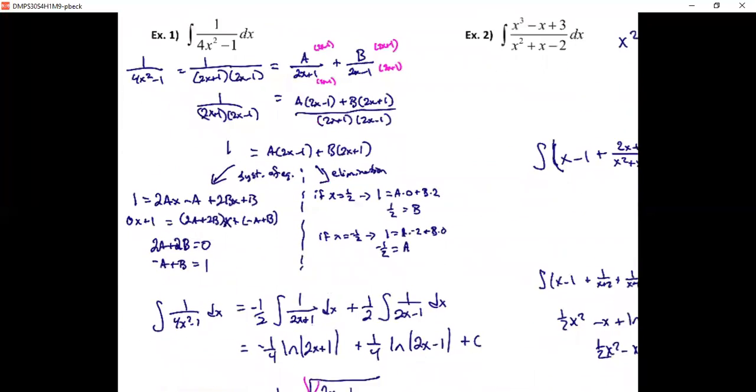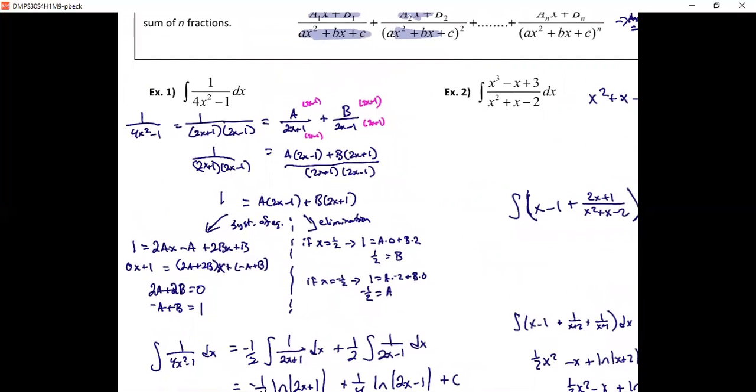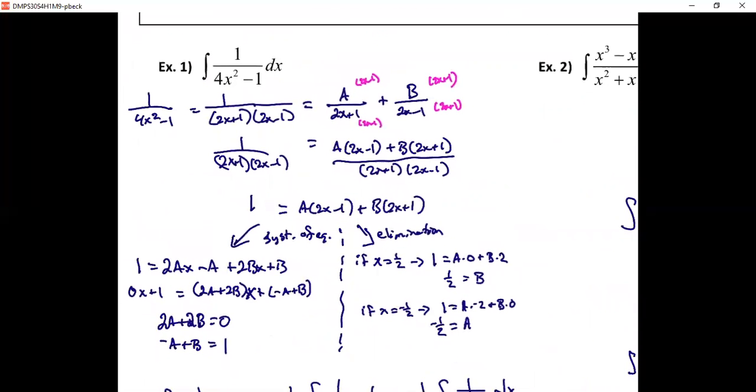So if you look at example 1 that I have here, what I did initially was I factored my denominator, so it's 2x plus 1 times 2x minus 1. And so I did what I showed above by saying, since this is linear, I have a constant over that 2x plus 1. I have a constant over the 2x minus 1.